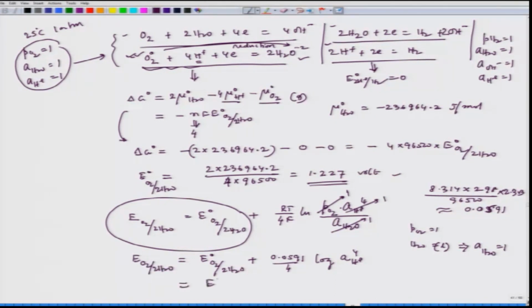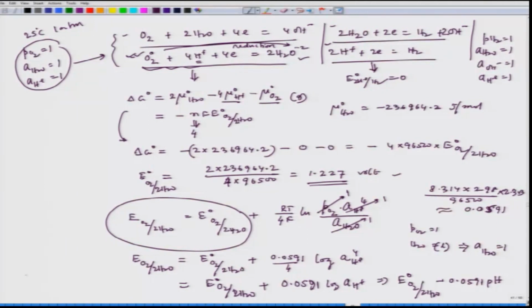So this becomes E0 O2 2H2O plus 0.0591 into log of activity of H plus. Now, if it is an ideal system, I can write E0 O2 2H2O minus 0.0591 pH.